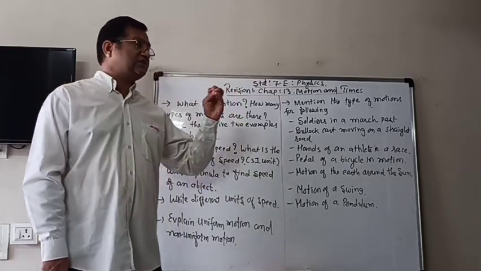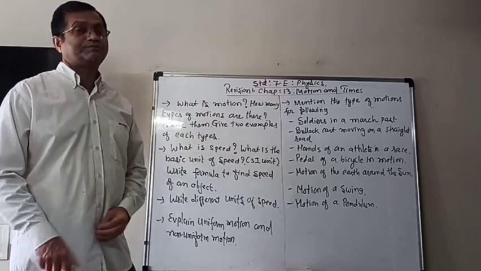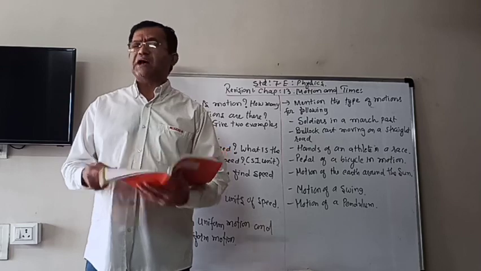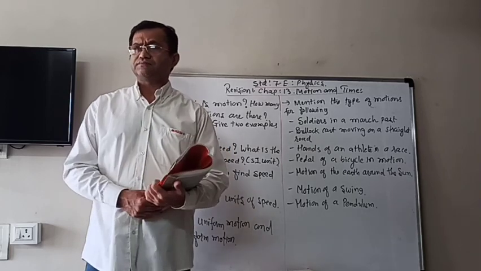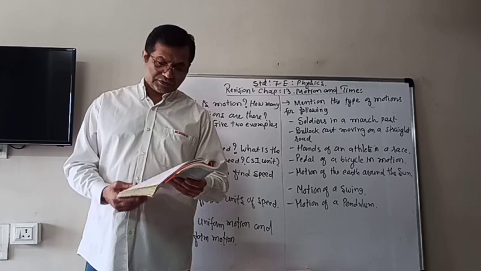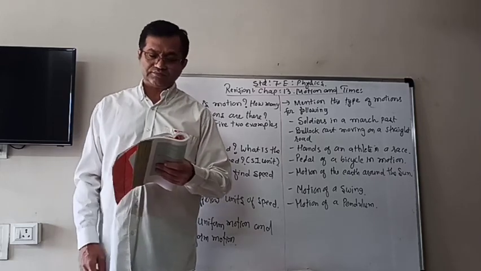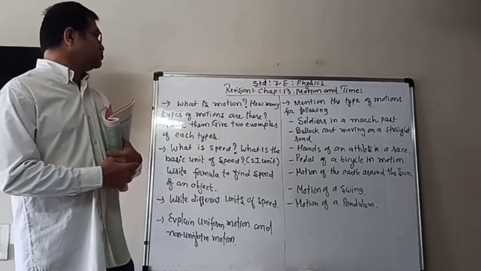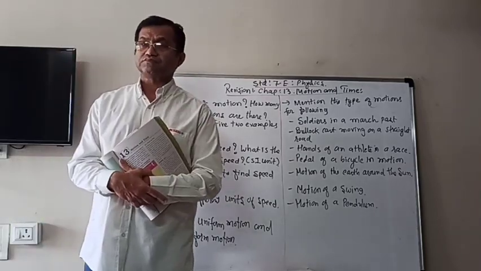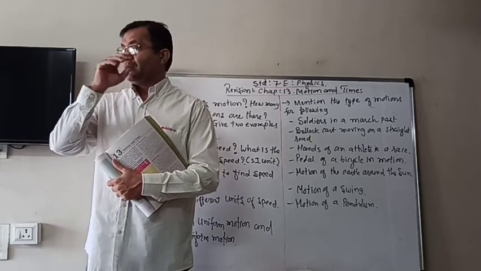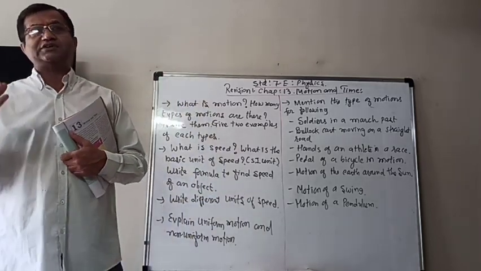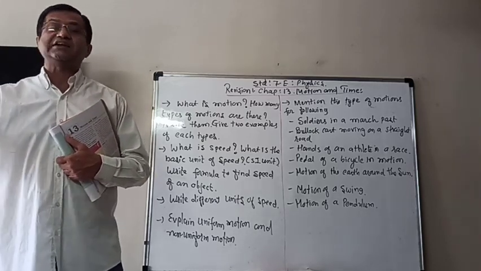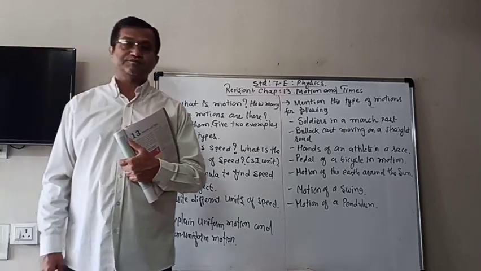Chapter number 13 is motion and time. Now, in standard 6th, you already learned about the different types of motions. So, what is actually motion? When can we say that any object is in motion or at rest?